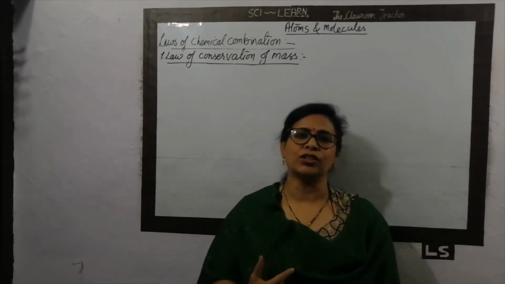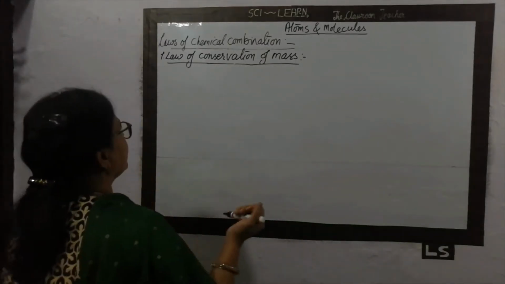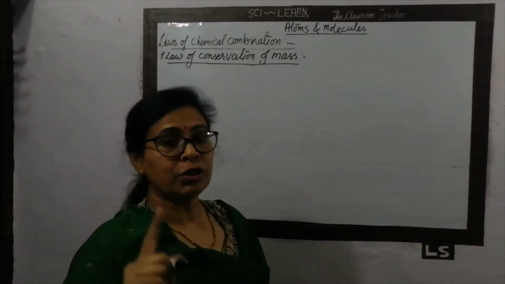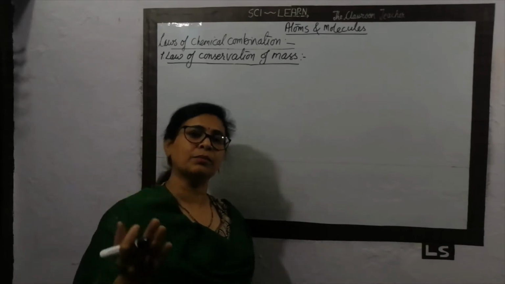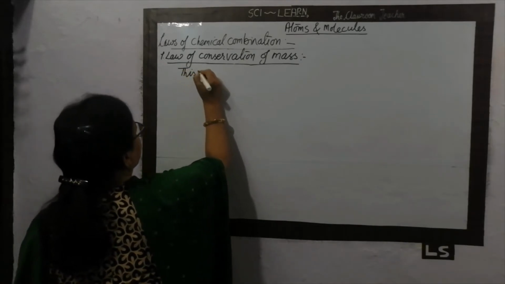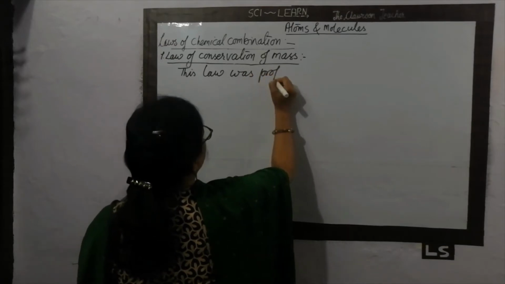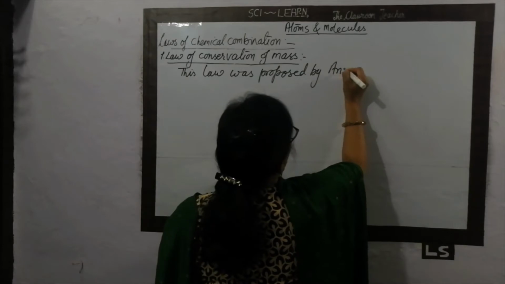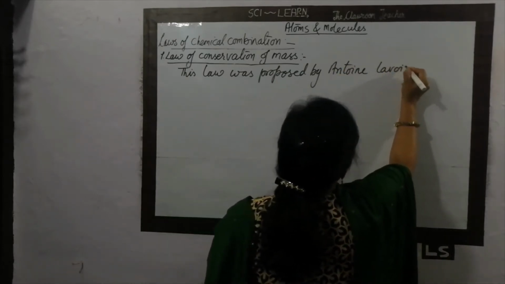The first law is the law of conservation of mass. Here one word is conservation. Conservation is not a new word for you. You must have used this word earlier also, as in conservation of forests. Just think, what is the meaning of conservation? This law was proposed by Antoine Lavoisier.